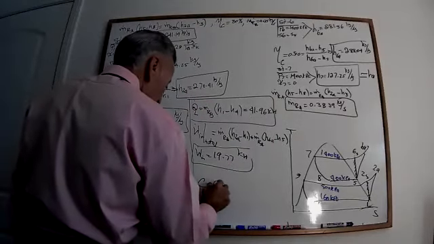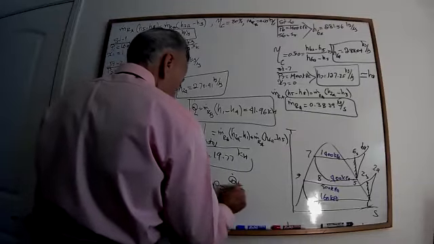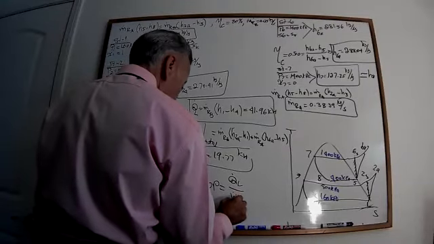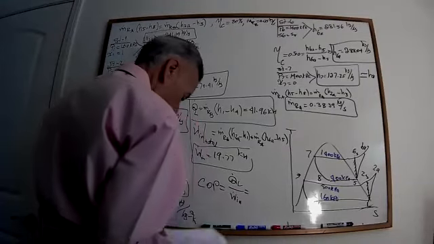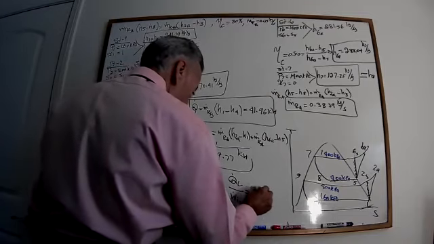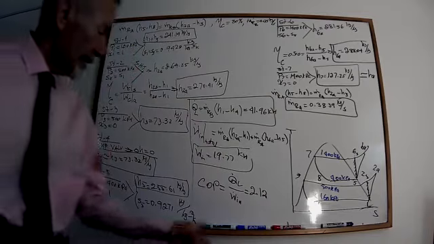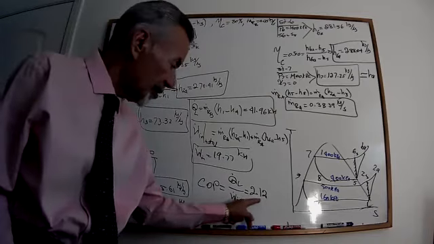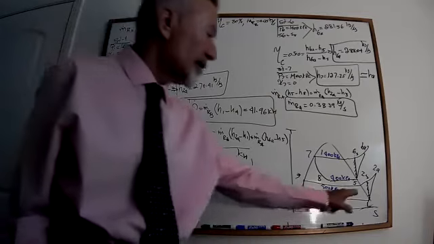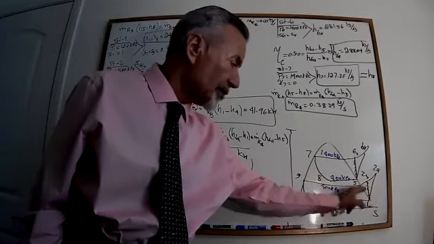Therefore, the COP is QL divided by work in. This will give me 2.12 COP. Once again, the reason this number is very low is because our compressors are not 100% efficient.